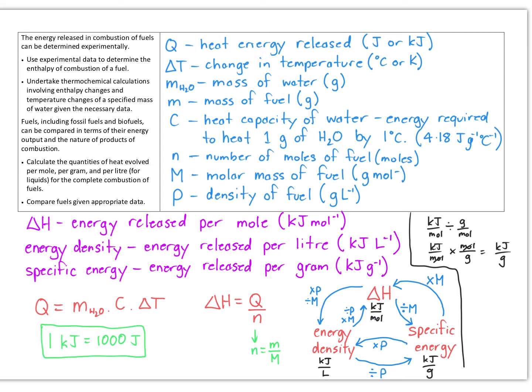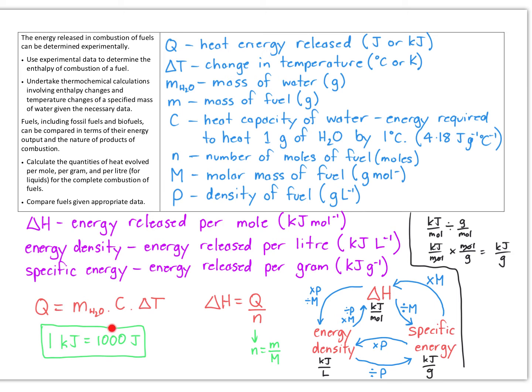Now, these formulas are given on the formula sheet. The relationship between them is that the way we work out the heat released is we multiply the mass of water by the heat capacity of water, that's the 4.18 value here, times the temperature change. That will give us the energy that is being released.